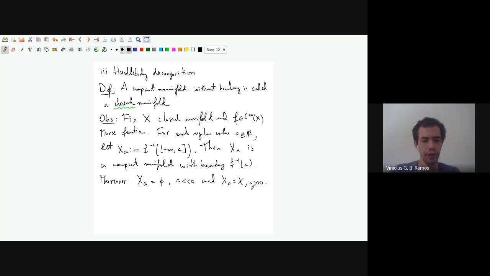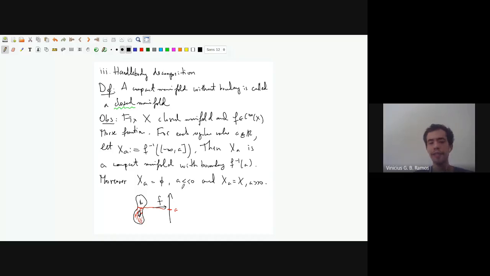So, for example, if I have a Morse function like this, a genus 2 surface embedded in R^3, and my Morse function is the height function, as usual. If I fix an a here, a regular value, my X_a is this manifold, the preimage of (-infinity, a]. What is interesting is I can vary this a along R. If a is very small, below the minimum of the function, then X_a is empty.